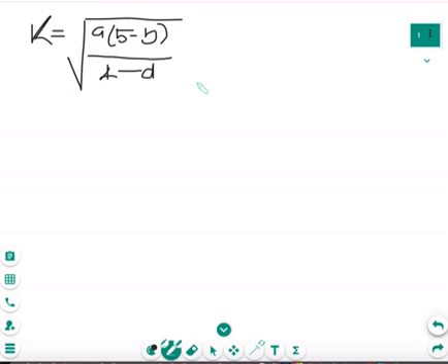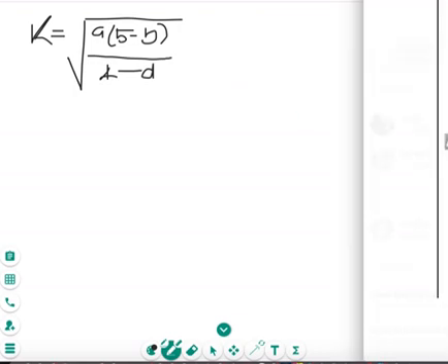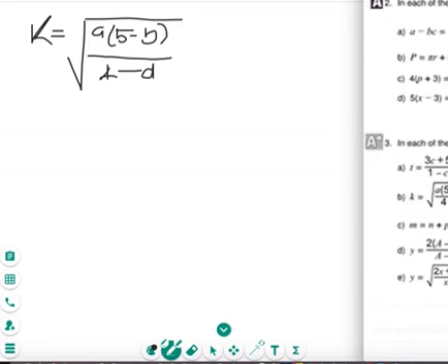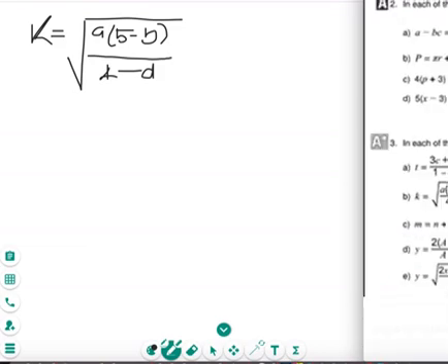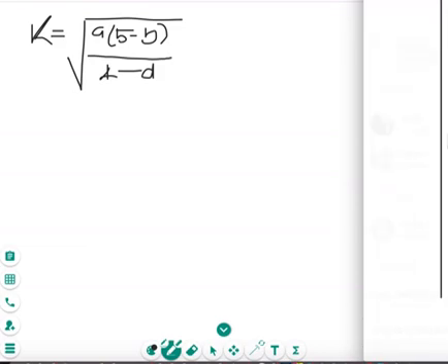So I was doing it. First of all, how did you do it? I squared both sides, so I got k squared is equal to a bracket open 5 minus b over 4 minus d. That was where the difficulty started.